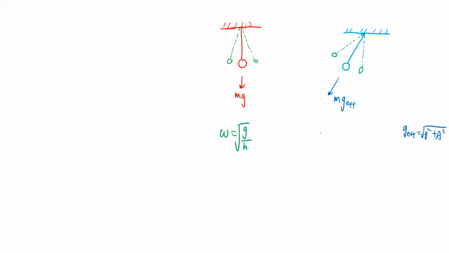And in this case, without really thinking of anything new, you can immediately write down that this omega is square root of g effective divided by h, because all you do here is change the direction of the gravitational field, and change the magnitude also.